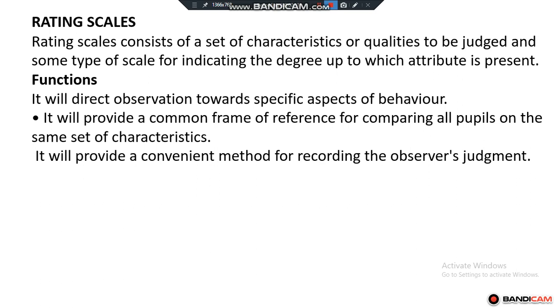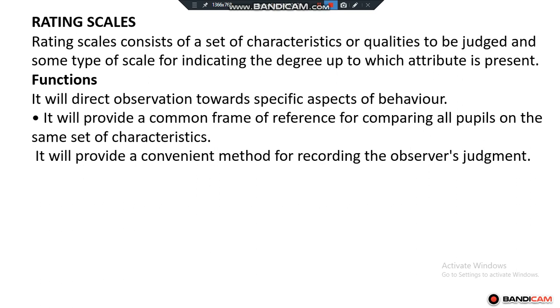So rating scale consists of a set of characteristics or qualities to be judged and some type of scale for indicating the degree to which the attribute is present. You can underline that it is a set of characteristics or qualities. We are using the rating scale to evaluate certain characteristics or qualities that need to be judged, and it is mainly used with the help of a scale.